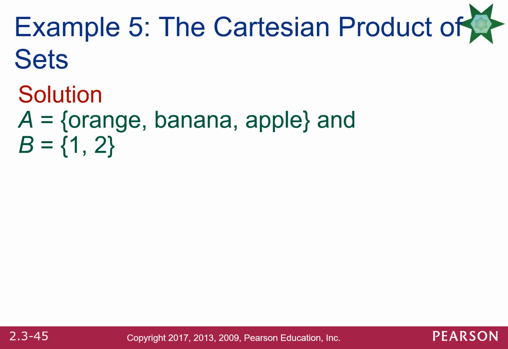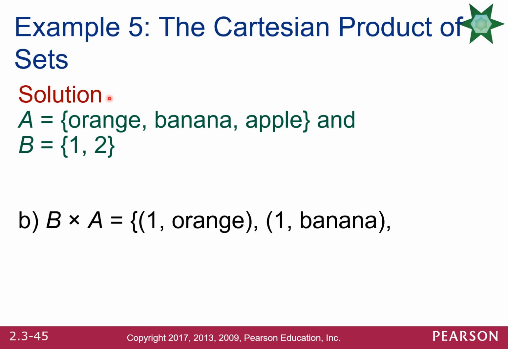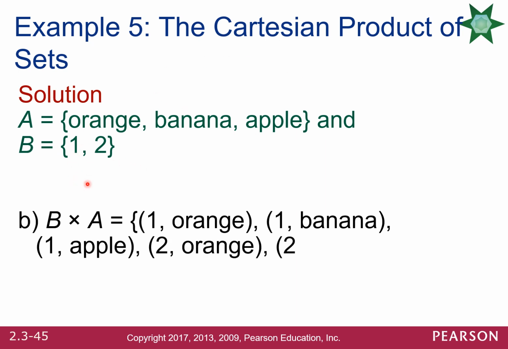Now for the question, which is B cross A, what we do is we take each element in B and pair it up with all the elements in A. It's the reverse that we are doing here because it's B cross A. B is first.